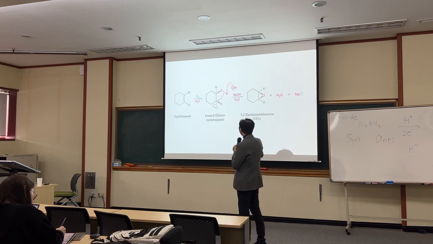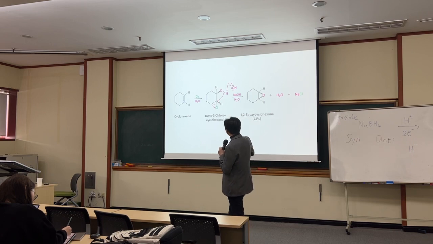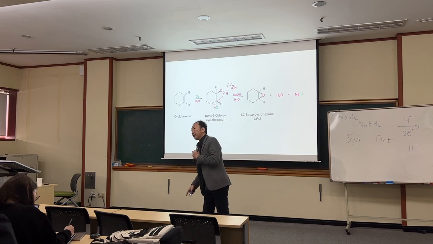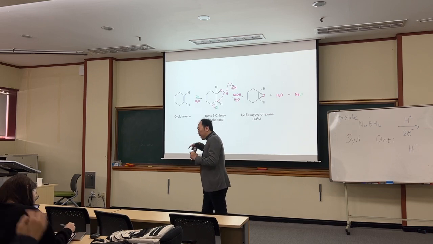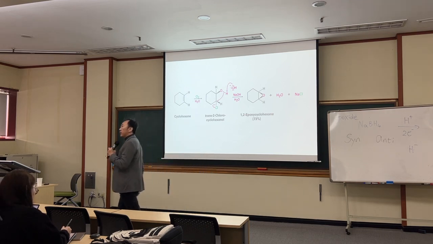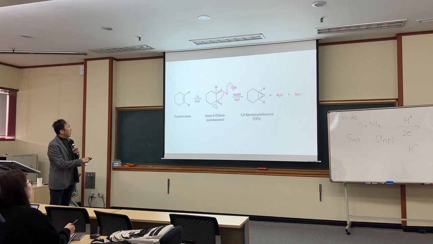And then here, if you have a strong base, by removing this H, this O attacks here and pushes this out. So this is a top attack, and then Cl minus moves to the back. So the direction is correct. Moving here in the same direction, Cl minus moves out. And the product is that this remains here, and then the epoxide is formed.